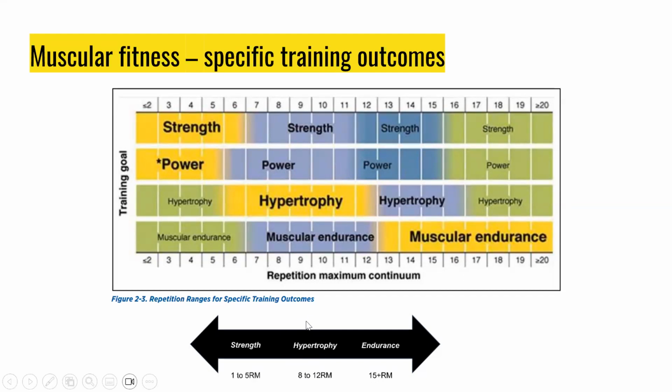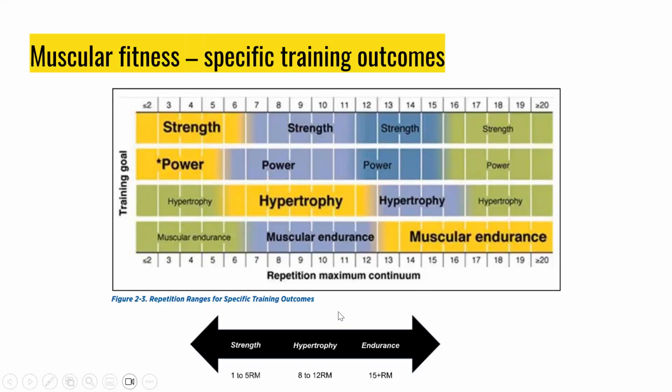But now more research is emerging suggesting that you can achieve hypertrophy on any of these repetition ranges, right? So 3 repetitions, 4 or 5 repetitions, even up to 15 plus repetitions. You can achieve hypertrophy, that's increasing in muscle mass, at any of the repetition ranges.